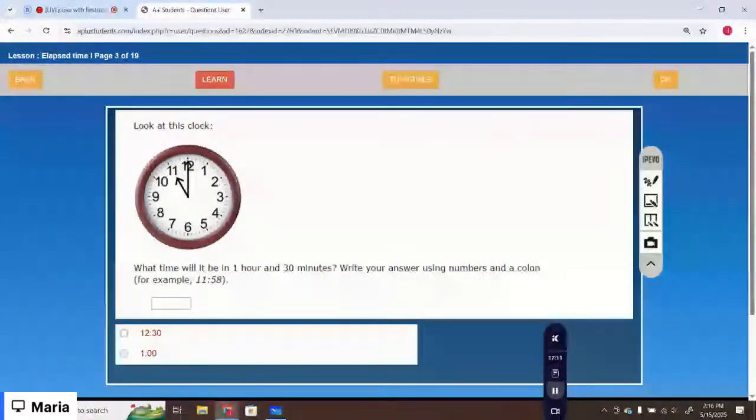So it is 11, and 1 hour and 30 minutes later, that would be 12:30. Option number one is the right one. 12:30 it is.